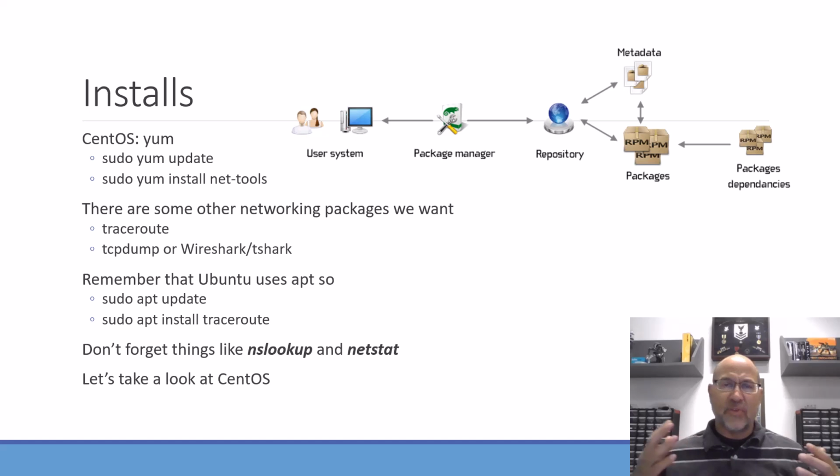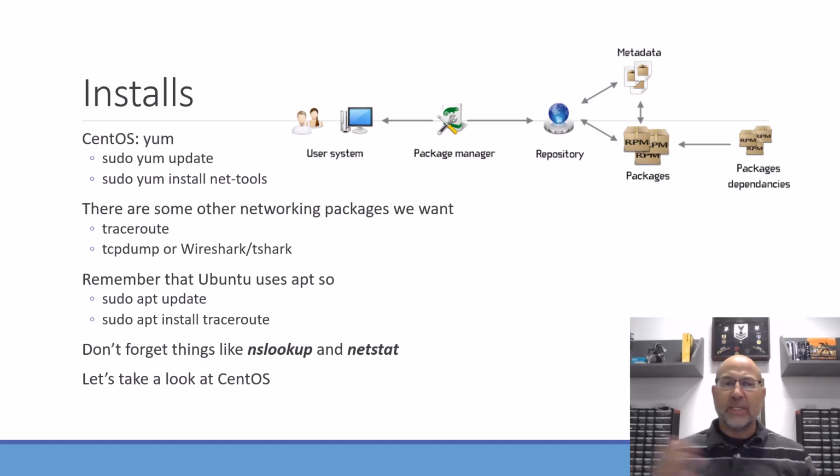Now these all have different uses. Some of them overlap, right? So netstat does a lot of the things that some of the other information gathering tools or status of your interface tools do. But of course, nslookup is a DNS tool that we use all the time, so you should get familiar with that. And traceroute is great for pathing.